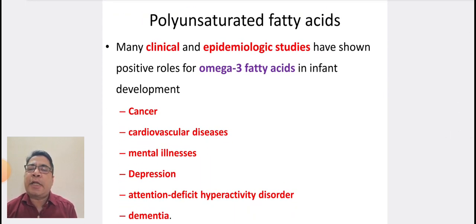Many clinical and epidemiological studies have shown positive roles for omega-3 fatty acids in development. Examples: cancer, cardiovascular diseases, mental illnesses, depression, attention deficit hyperactivity disorder, and dementia.